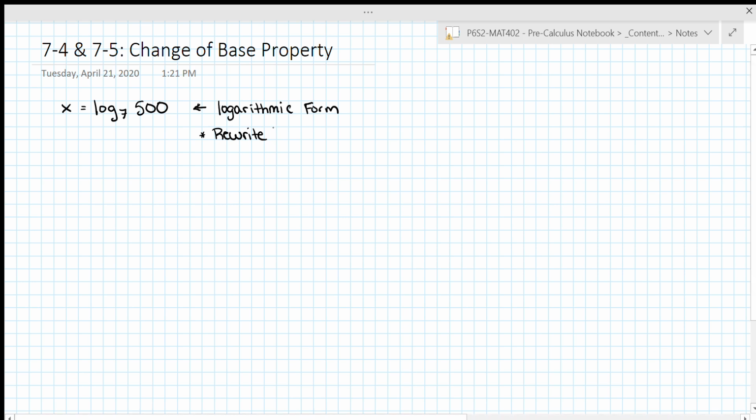I want to rewrite this in exponential form. So 7 is my base, x is equal to log, so x is the exponent, so I'd have 7 to the power of x equal to 500. I'm looking for what is the exponent on the power of 7 that would give me 500 as an answer. These two things are equivalent to each other.